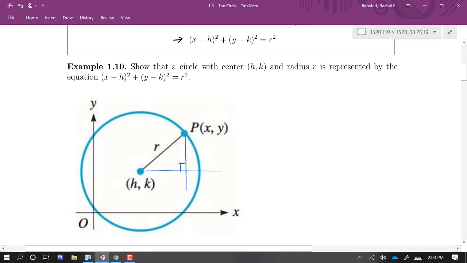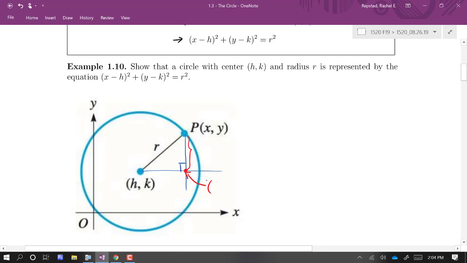And do we know the coordinates of that point? I think you're looking at this distance, but I'm just talking about the coordinates of this point at the bottom. What's the x coordinate?